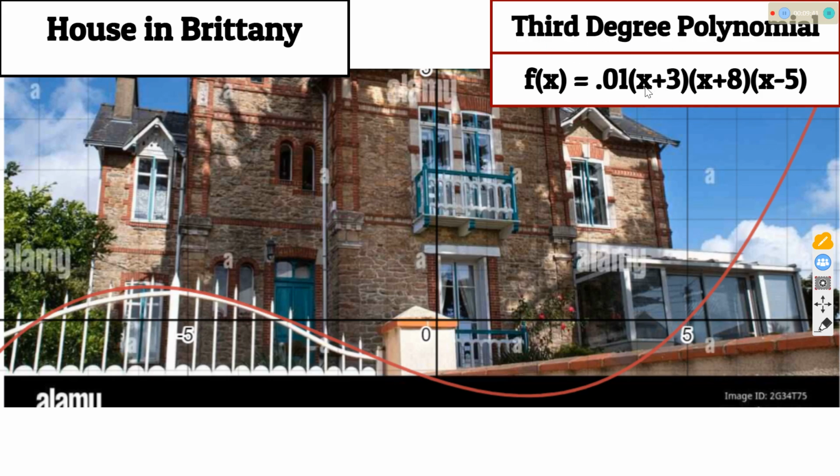This is a 3rd degree polynomial because we have 3 factors and we have 3 x-intercepts. So in this case, you can see that we have x minus 5 and it crosses at +5. Again, don't forget that your intercepts will always have the opposite sign of what's in the binomial with the factor.